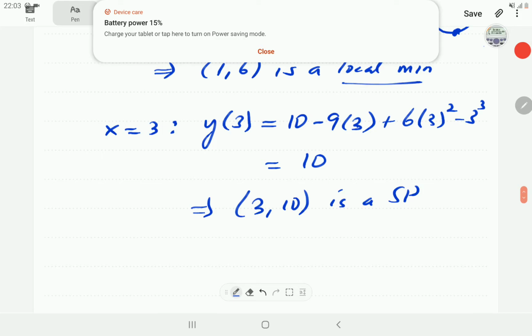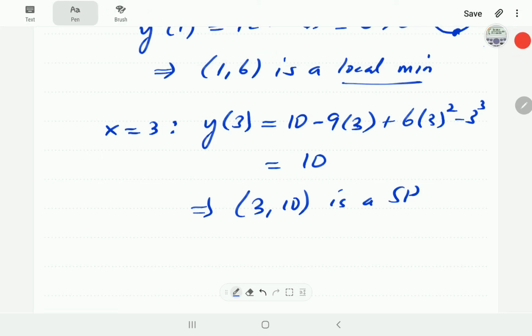Now, in general, if you have got two stationary points, it is impossible for those two to be of the same nature. So you can't have two minima next to each other, or you can't have two maxima next to each other. If there's a minimum, then there must be a maximum before you get to another minimum.